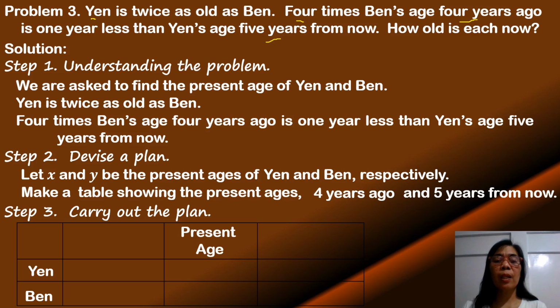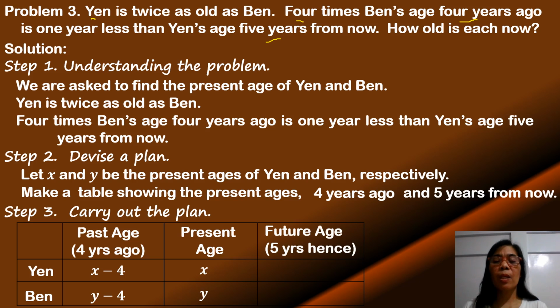We let the present age of Yen be x and the present age of Ben be y. So 4 years ago, if the present age of Yen is x, she was x minus 4. And if the present age of Ben is y, 4 years ago, he was y minus 4.